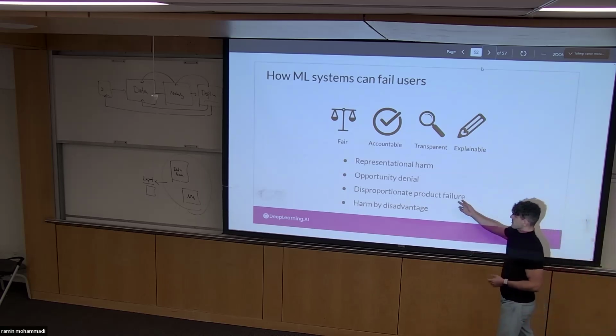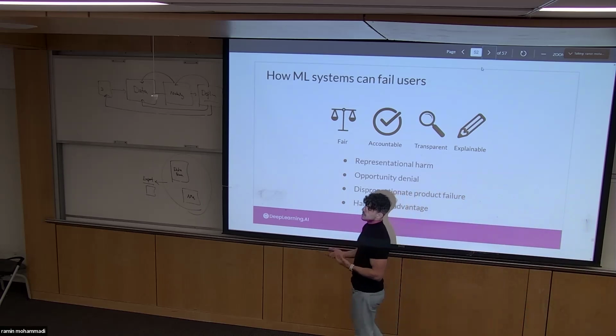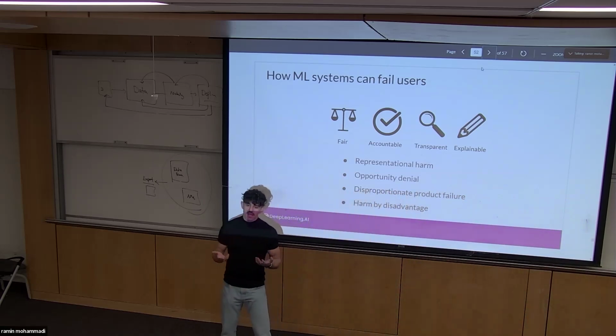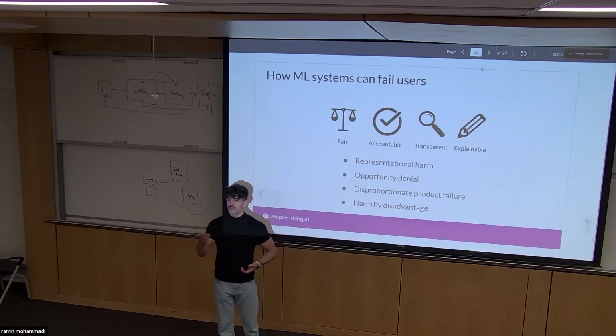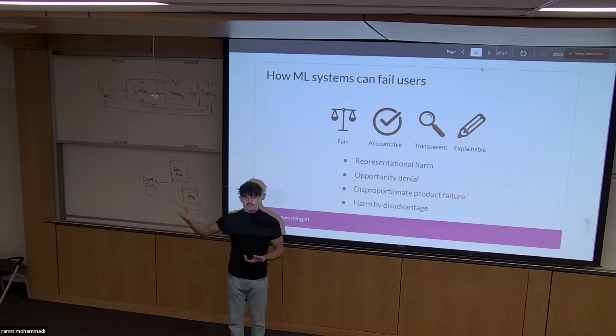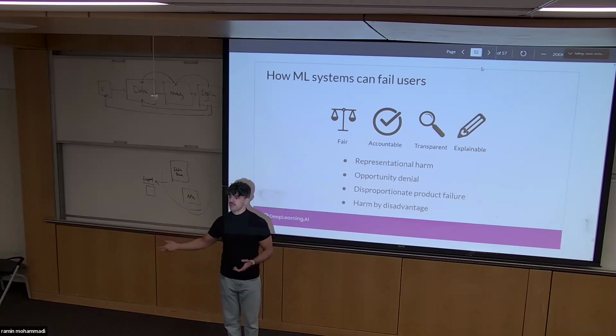Disproportionate product failure is the scenario where your product doesn't behave the same for everybody. Certain groups get higher acceptance, certain groups get lower acceptance. Or if you're doing recommendations, your app by default recommends certain companies more than smaller companies because you had more data on those.